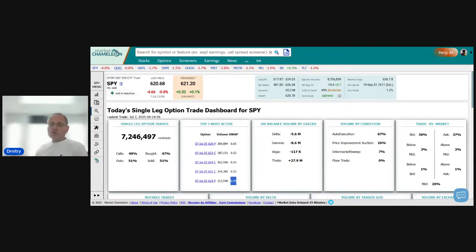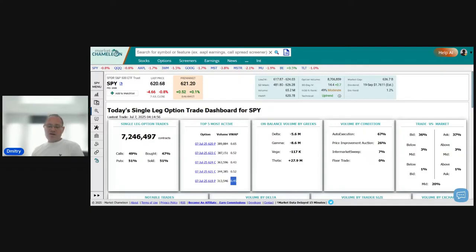So these are the most actively traded options yesterday. We're not open today, so these are yesterday's option trades. Just quickly eyeballing them, we can get an idea of what traders are doing. They're looking at zero DTEs, because yesterday was July 7th and those were July 7th expiring options.